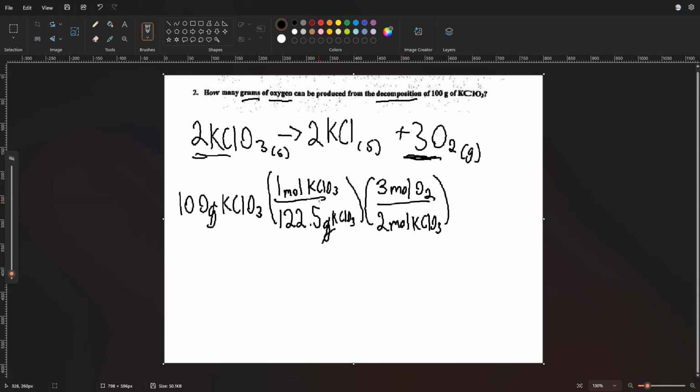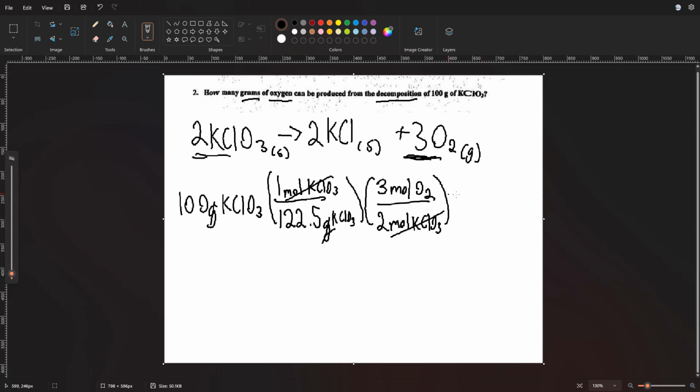That's awesome. So now we can knock these out, the moles of potassium chlorate. Those cancel out, numerator, denominator. So now we see that we're left with the moles of oxygen.